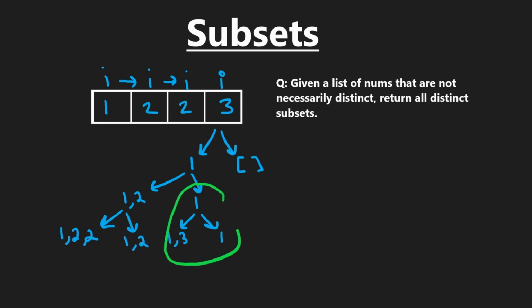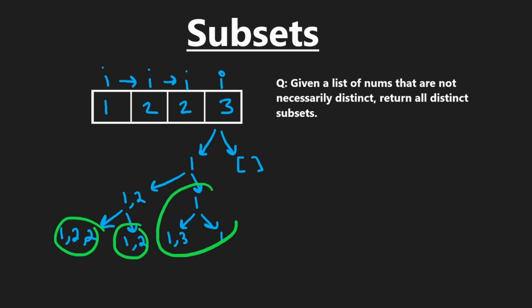This is the path that does not include any of the 2s. This is the path that only includes a single 2. We don't care if it's the first 2 or the second 2 because it doesn't really matter to us. This is the path that includes both 2s. So we clearly know that these 3 paths are always going to be distinct.